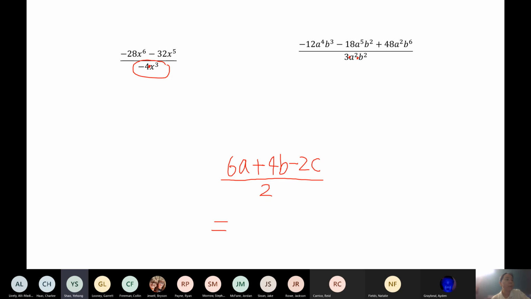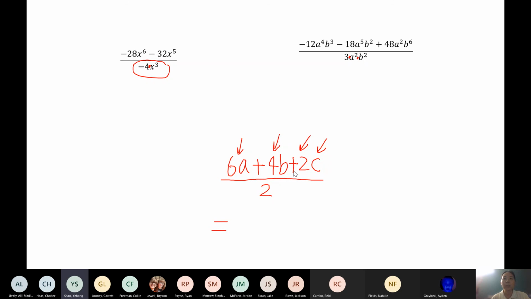Any idea? Any suggestions? Nobody? Think of this as I have 6 apples and 4 bananas minus 2 of something, say 2 carrots, and I cut everything by half.